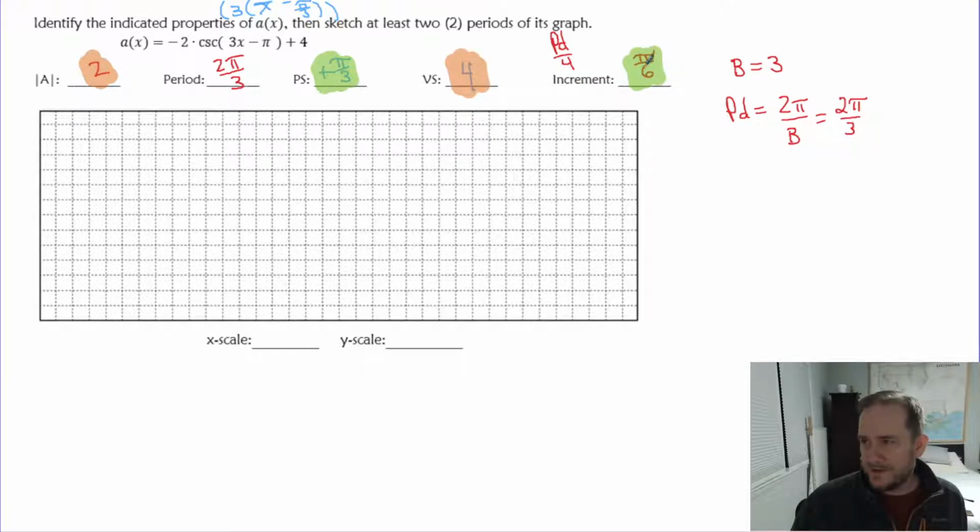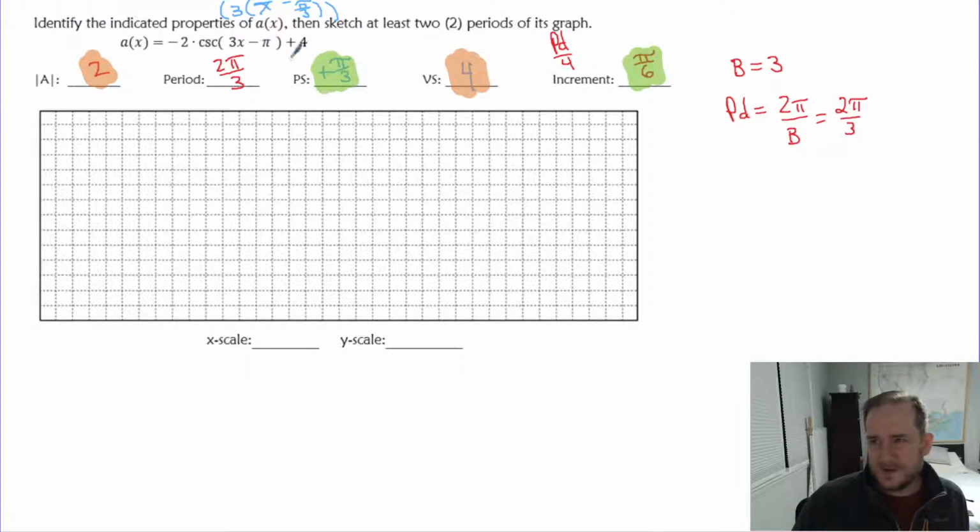I usually like my increment to be 2 boxes if possible. That would mean going by pi's over 12, and that would mean that my phase shift is 4 boxes. Which is fine. The initial phase shift could actually be quite far if it wanted to be. And then we would use the increment. If we got pushed way to the right, then we could just backtrack to fill in the rest of our graph. So it's really the increment that you want your scale to play nicely with most of all.